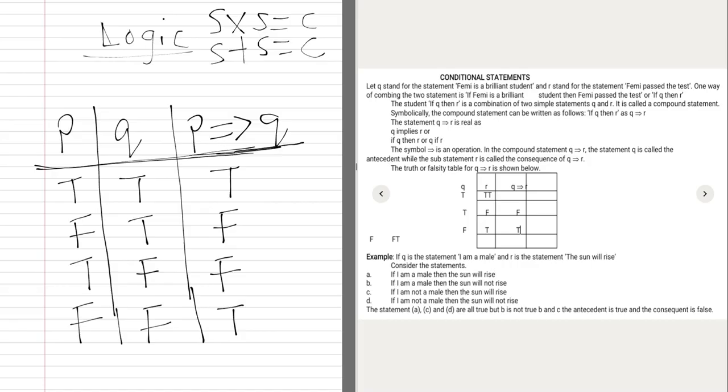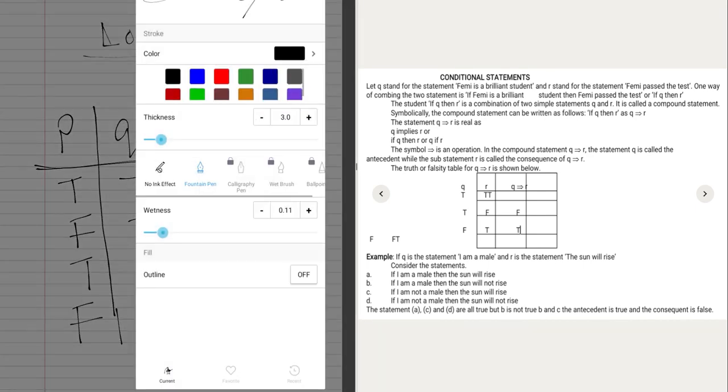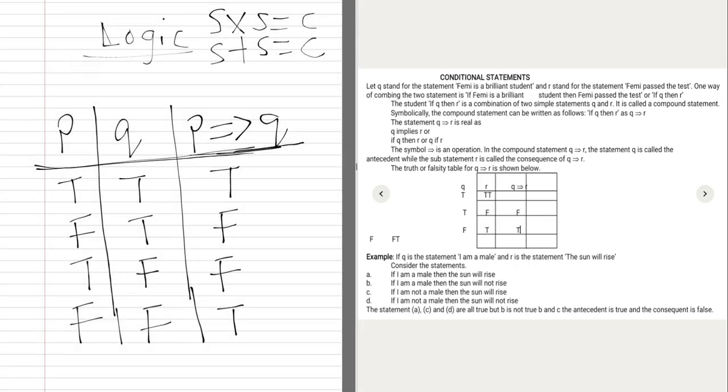So symbolically, a compound statement can be written in this form that you are seeing here. This means if P, then Q. That's what this means.